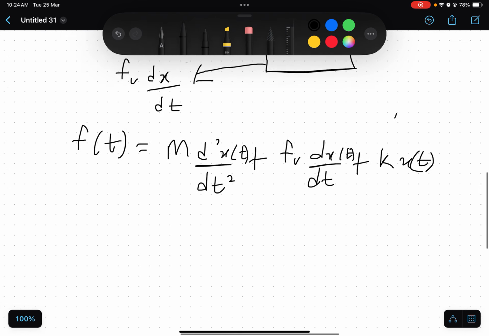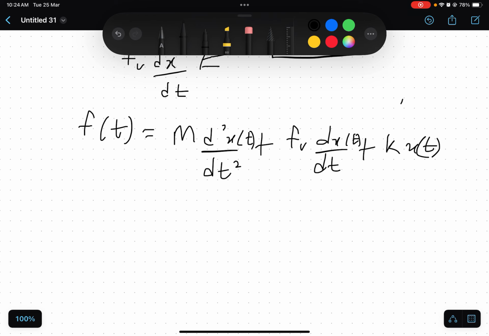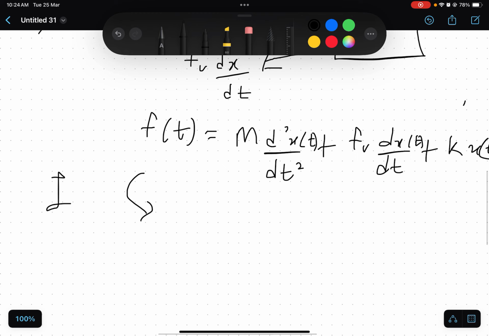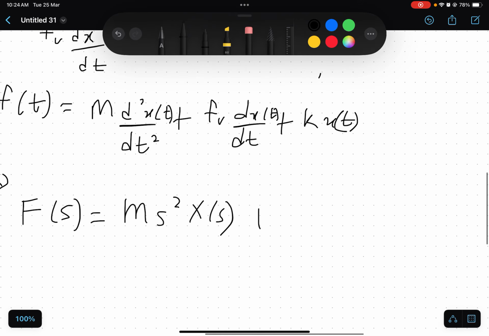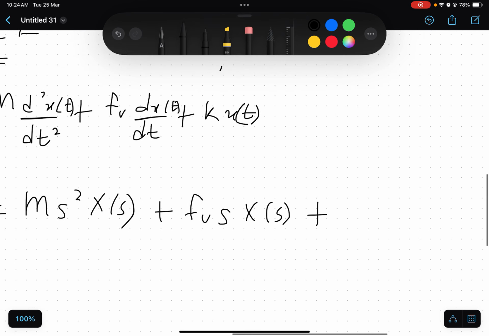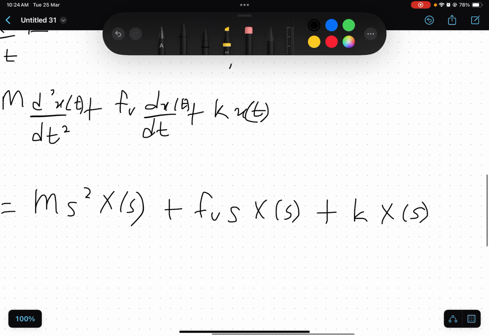Then we apply Laplace transform, if you remember Laplace transform, to get this in the frequency domain, and it becomes ms squared X(s) plus fvs X(s) plus kX(s).